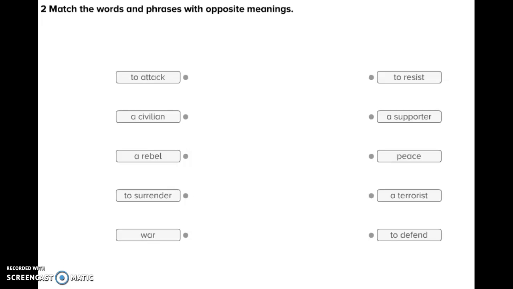Exercise number 2. Match the words and phrases with opposite meanings, con significados opuestos. The first one, to attack, what is the opposite of attack in this case? To defend.